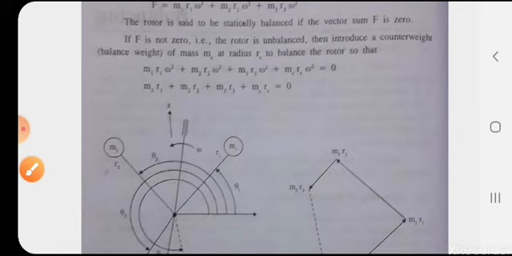So in this figure we used only three different masses revolving at radii r1, r2, r3 respectively in the same plane. The rotor is said to be statically balanced if the vector sum F is equal to 0.